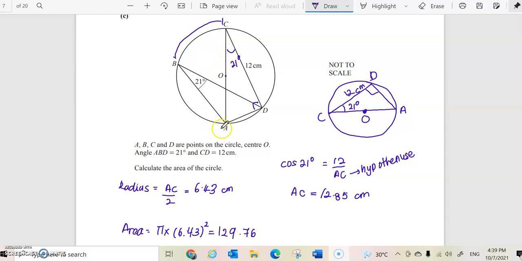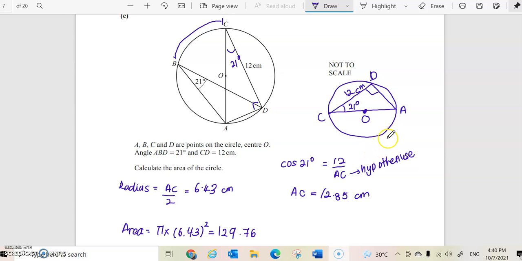So there is another property for the circle. When there is a diameter, and a triangle in the circle with the diameter like this, and one of its sides touches the edge of the circle, the angle here will be 90 degrees. This is the property. The hypotenuse is the diameter, and this triangle will have 90 degrees. So when it is 90 degrees, as I said before, automatically this triangle will be a right angle triangle.